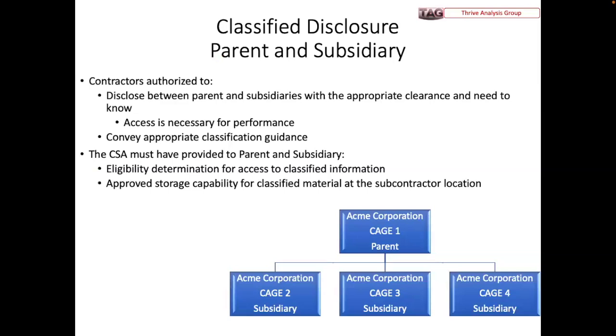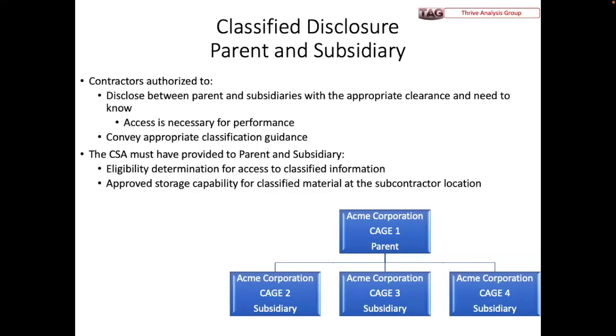So you can share classified information between a parent and subsidiary. There are many organizations under the same name that have different CAGE codes. They may all have the same CAGE code too in different types of relationships, but for disclosure between a parent and subsidiary with the appropriate clearance and need to know, they have to make sure that there's access to classified information necessary for the performance of that contract, and that parent must pass the classification guidance to the subsidiary.